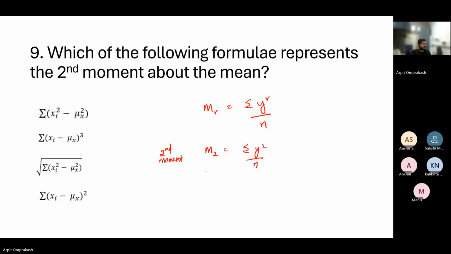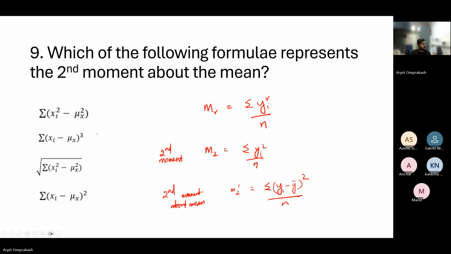Right. And when we are talking about the second moment about the mean, we are basically subtracting the mean here. So summation of (x minus x bar) to the power r, divided by n.